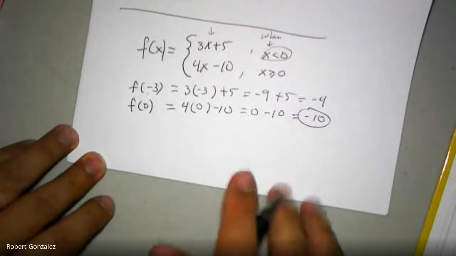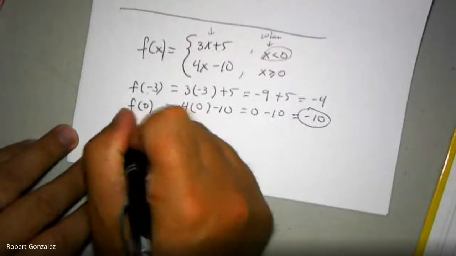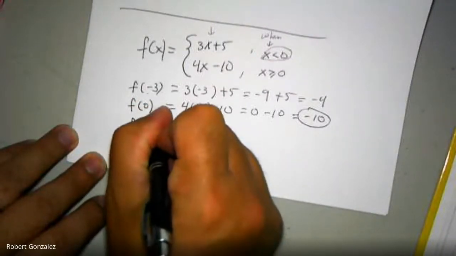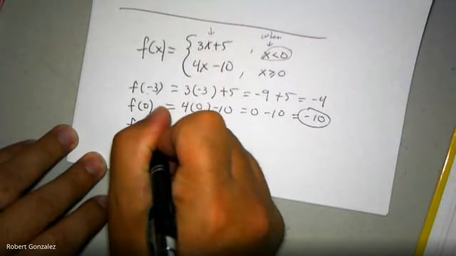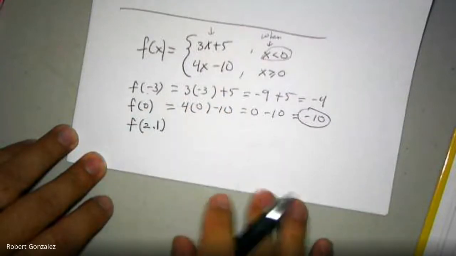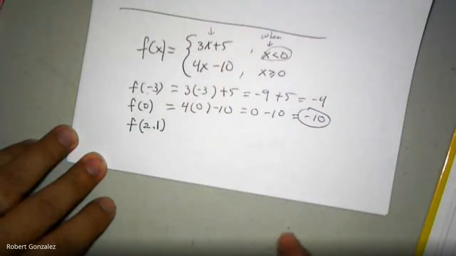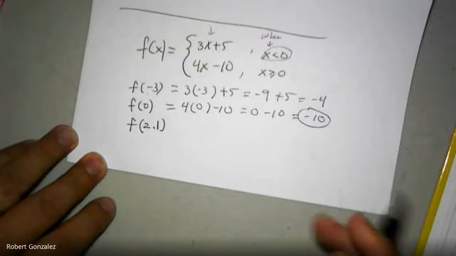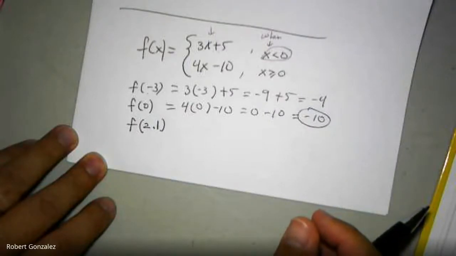Let's do another one. Let's make it funky. 2.1. Can you do it? 2.1. Decide which category it's going to go into, and then apply the function.